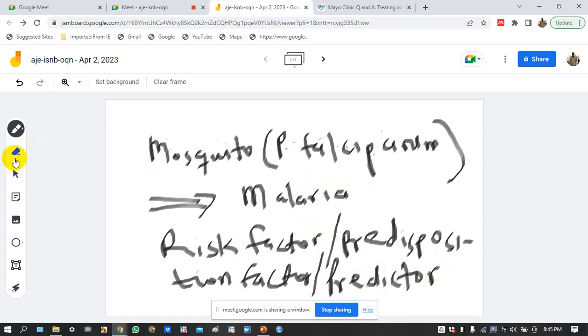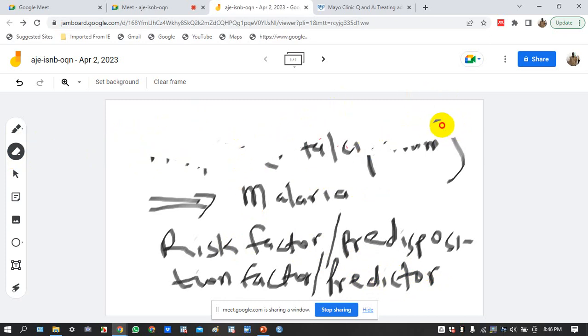And the risk factor is also called the cause. Okay, so we cannot say it is the cause, because when we say causal inference, it means that we are inferring causation, or we want to say that something is the cause of something.